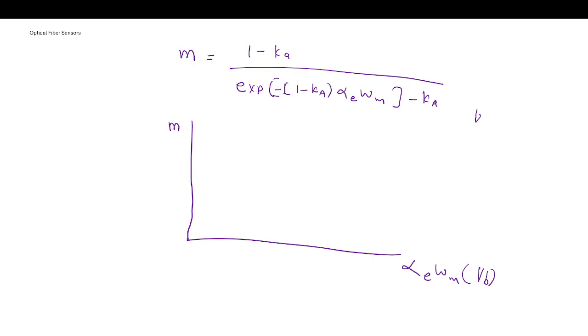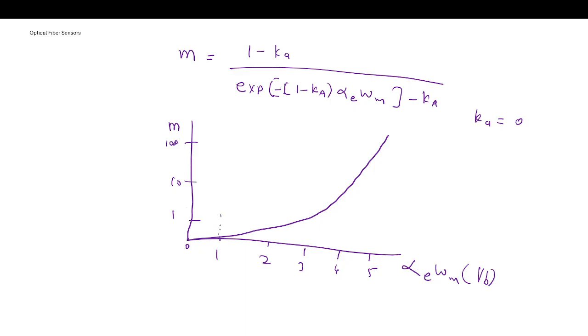So for Ka equal to 0, it will have this kind of slope. Then for the second, I need to write the values 0, 1, 10, 100, 2, 3, 4, 5.